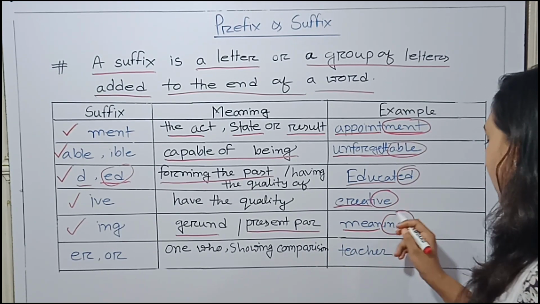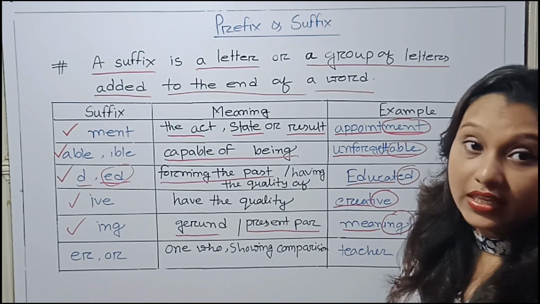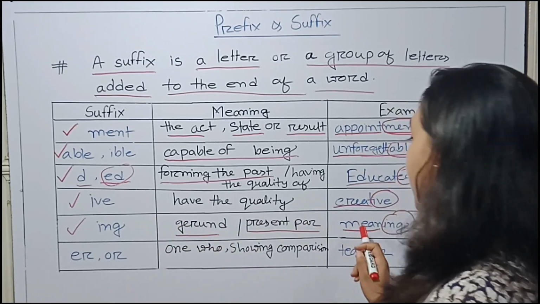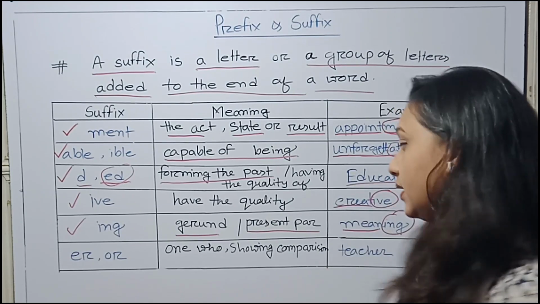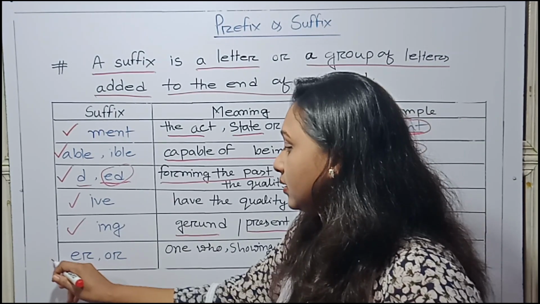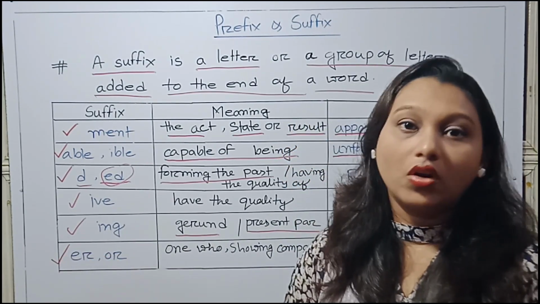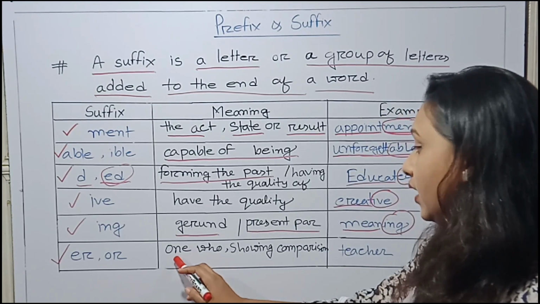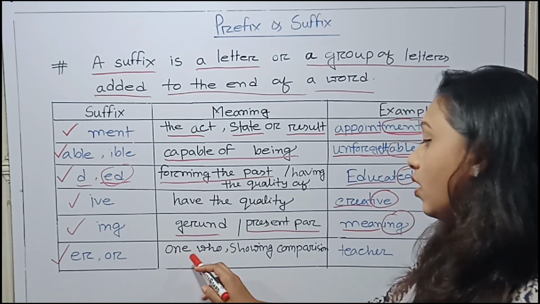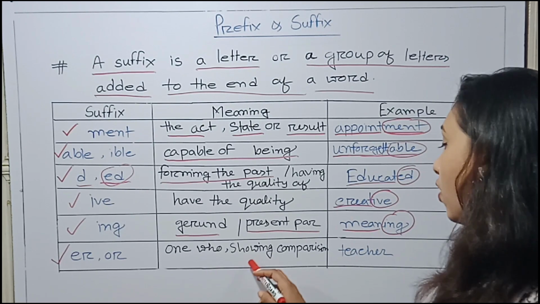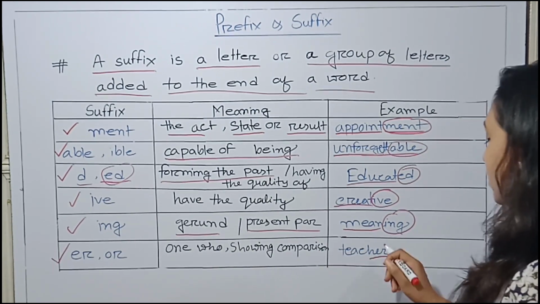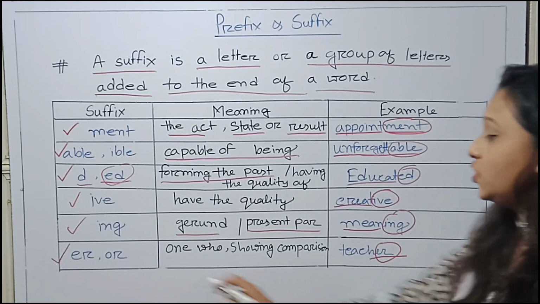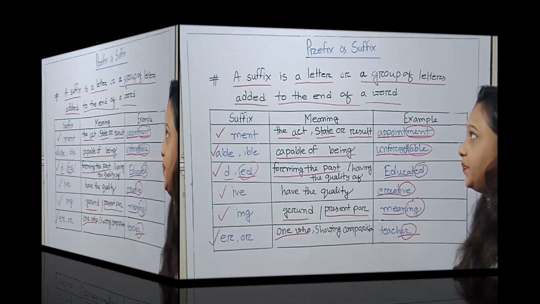I used here ing, meaning. So by this way you can use ing after a main word or root word. Last one, er or or. You can use it to say one who or showing comparison. Like teacher: teach, and we use here er, teacher, one who.